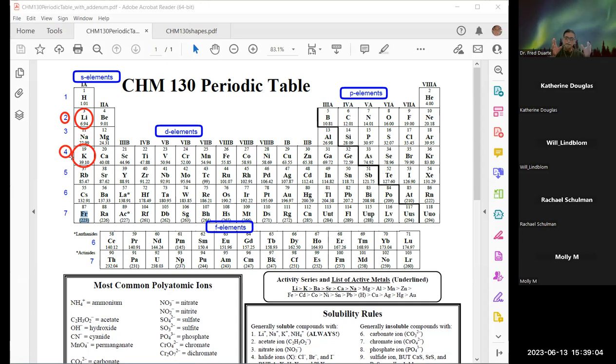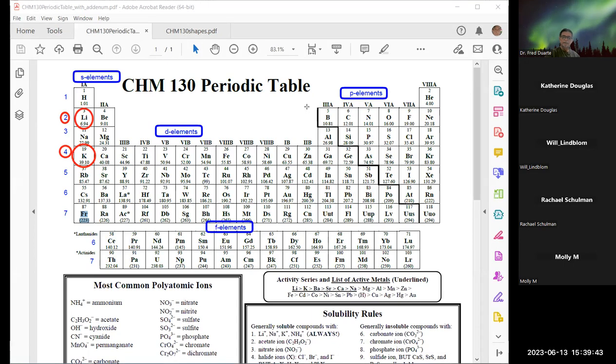Potassium, being a bigger element, is not holding on to that electron, which is further from the nucleus, as tightly as lithium, because lithium's electron is closer to the nucleus and is held with a tighter force. So I can predict it will be easier to remove that electron from potassium than from lithium, because potassium's electron is held further away.